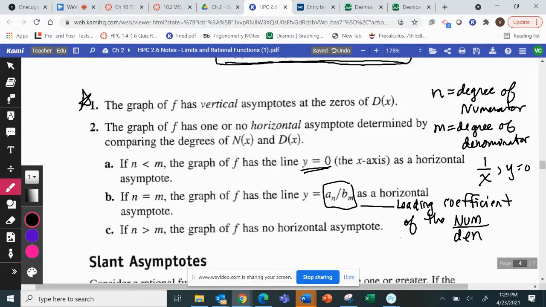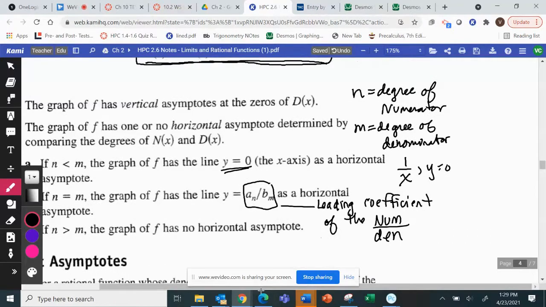Okay? So if I have, I'll just make something up. If I had like y equals 3x squared minus 2x divided by 4x squared plus 9, we would see that the degree is exactly the same on top and bottom. So my y equals 3/4 would be the horizontal asymptote.